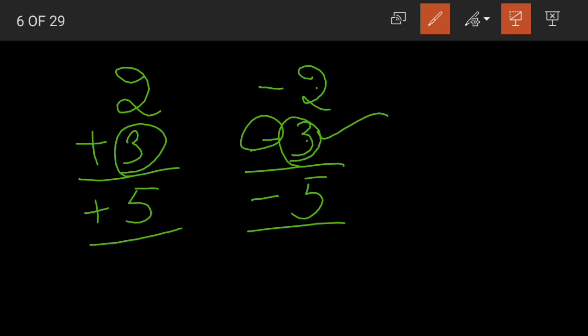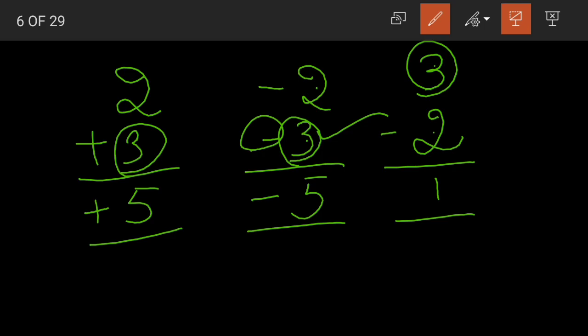Is this clear, class? Again, 3 minus 2. 3 minus 2 is 1. 3 is the higher absolute value number. It has a positive sign. The answer will also have a positive sign. Clear, class? Look at another scenario.